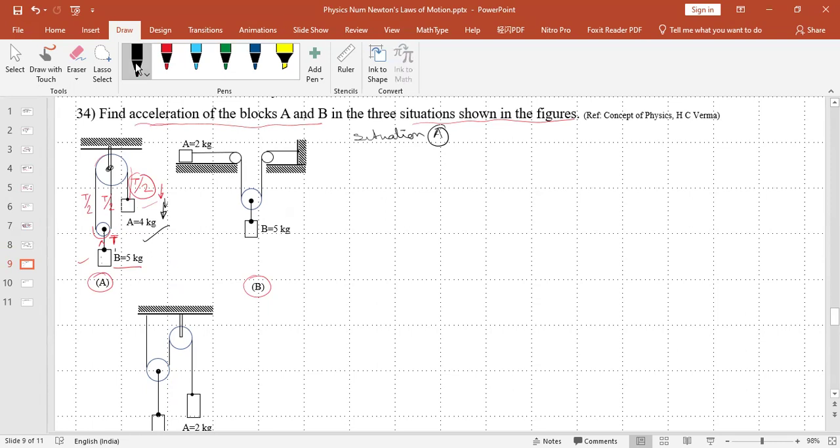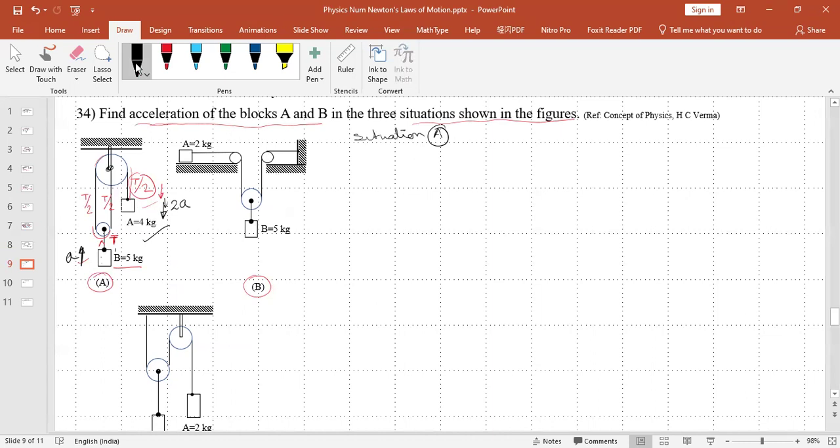So if this is the acceleration A of the heavier body, then acceleration here is 2A, because motion of this block will be twice the motion of this block. With this in mind, we can always write down the equations.